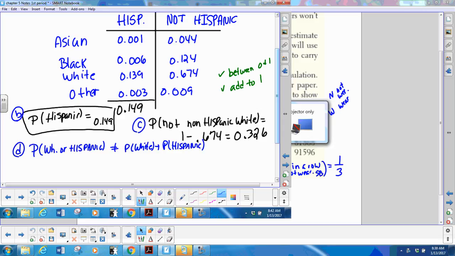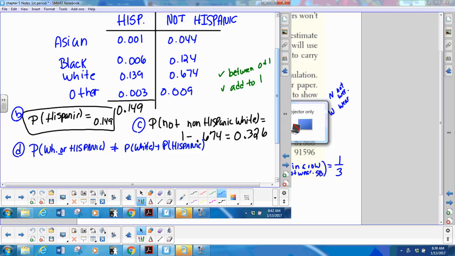What they're basically saying is, why is this not mutually exclusive? Because the only time you can use "or" and have it be this simple is if they're mutually exclusive. That's if the two things can't happen together. If the Census Bureau changed their mind and said you can't put Hispanic with white, then we could do this. But as it is now, they're not mutually exclusive, because there will be folks who identify as both. There will be an intersection there of white and Hispanic.